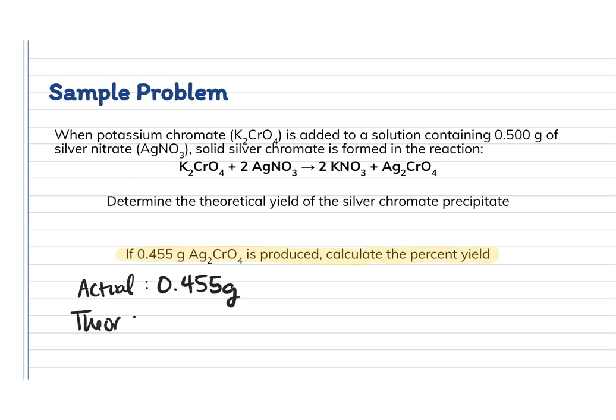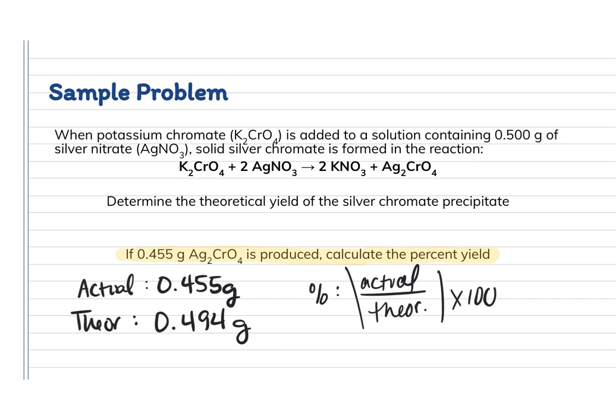The theoretical yield we found from the stoichiometry on the previous slide, 0.494 grams. So percent yield is actual over theoretical times 100. So in this case, 0.455 divided by 0.494 times 100.